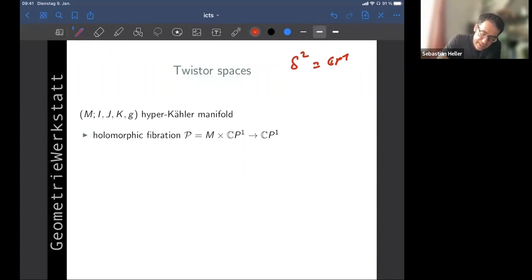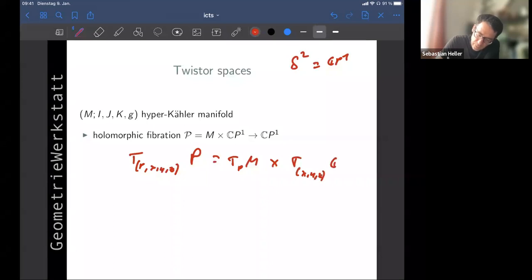The tangent space at a point p in M and (x, y, z), so three real numbers whose squares sum up to 1, can be described, of course, as the tangent space of M times the tangent space of CP1 or S2 at this point.